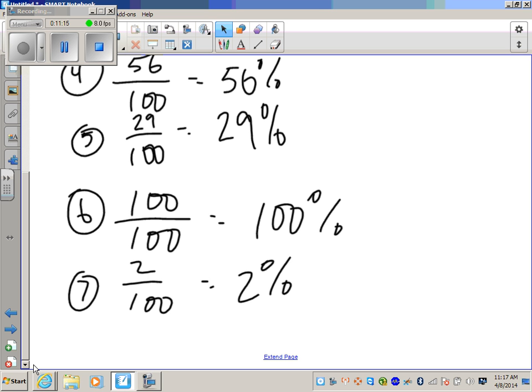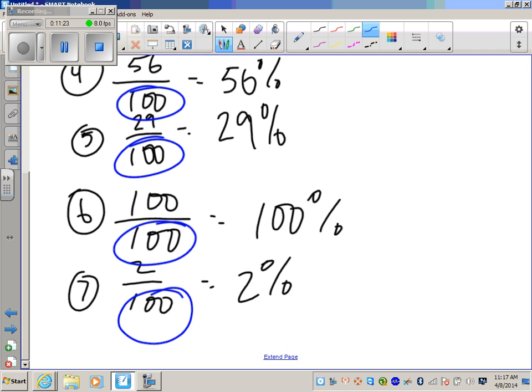Anytime you have a ratio, what's common here, Casimir? What's your bottom number in all these cases? So once you have a ratio set up with 100 as your bottom number, the top number is going to be your percent. Okay?